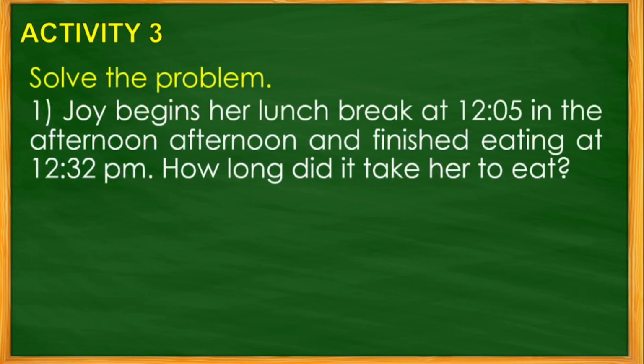So for activity 3, we're going to solve the problem. So let's solve. Number 1, Joy begins her lunch break at 12:05 in the afternoon and finishes eating at 12:32 p.m. How long did it take her to eat?